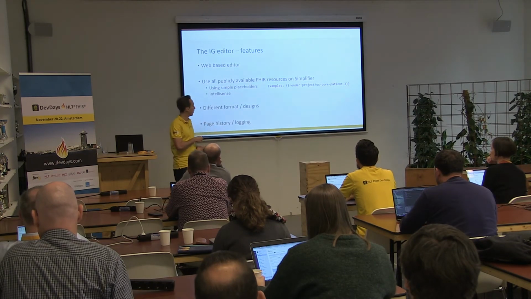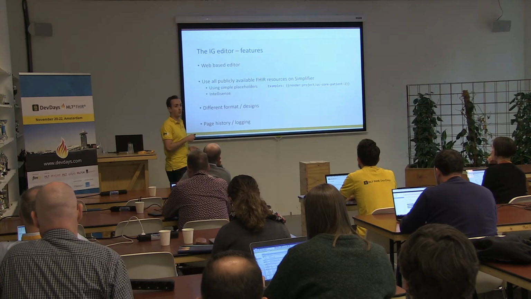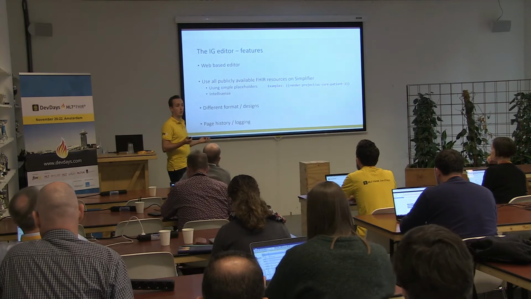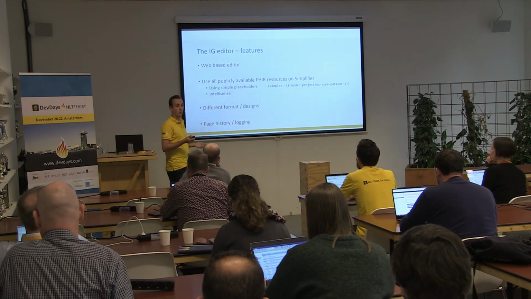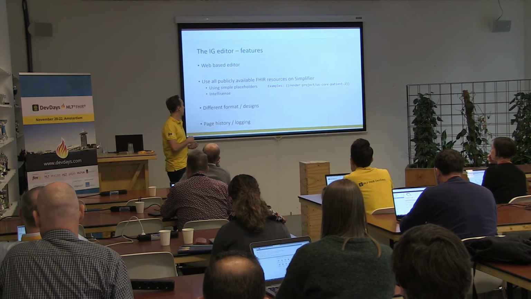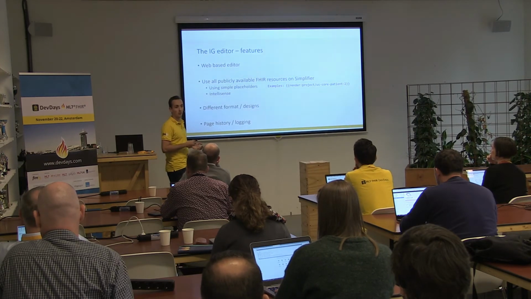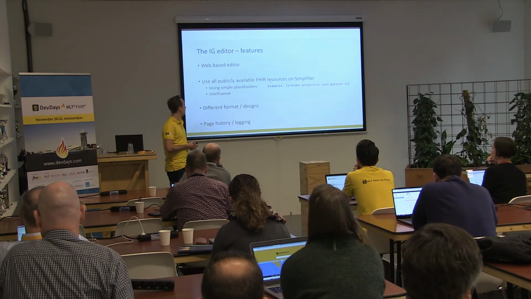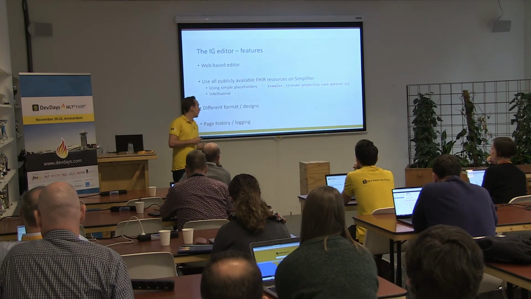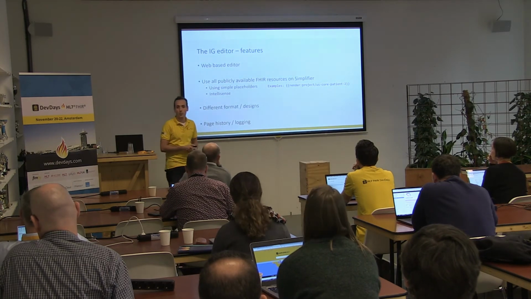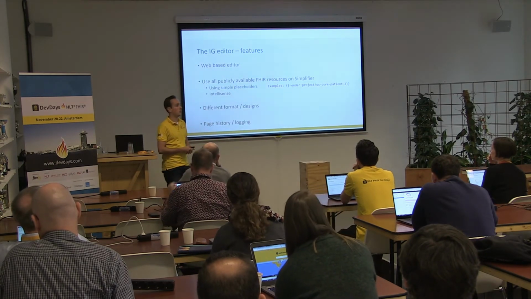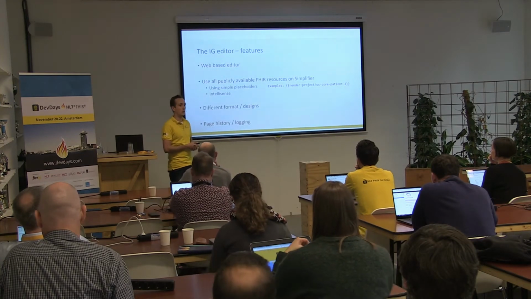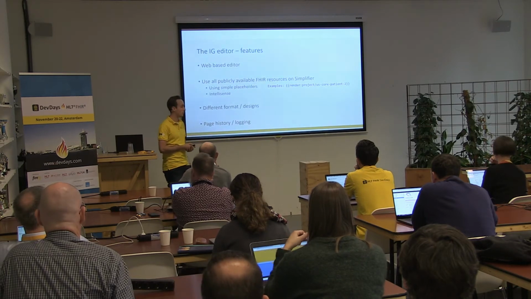So you could just say here on the right side, render, you give a project URL and the resource URL key, and that's it to include someone else's or your own resource in your IG. And we've got an intelligence feature that helps you select the right resource. We've got different designs, different formats for the implementation guide. We've got a 2-level menu implementation guide or a tree structured guide. And we have an HL7 format if you start your guide.